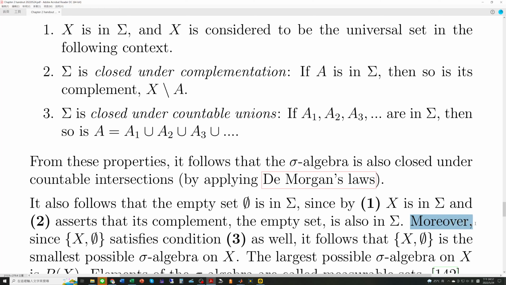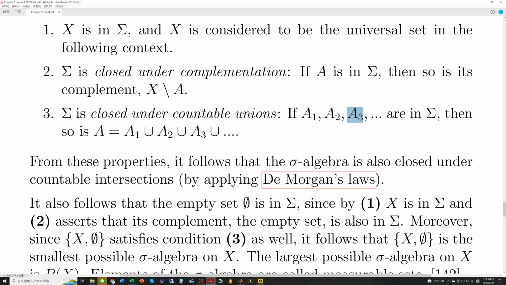Moreover, the set which contains the set X and the empty set satisfies condition 3 as well. Condition 3 says that sigma is closed under countable unions. If A1, A2, A3 are in sigma, now we replace A1 by X and A2 by the empty set.